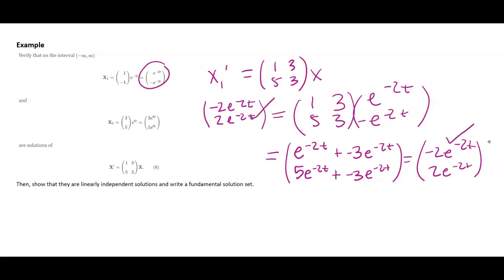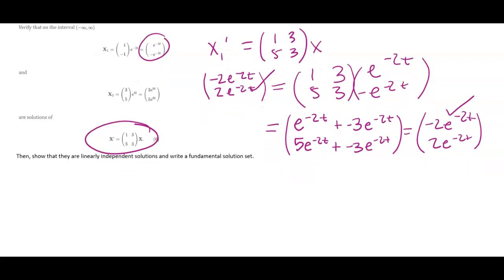So that is a solution to this system here. We can do that exact same thing for x2 prime, making sure that it's, I guess I should have put an x1 there, but that's okay.